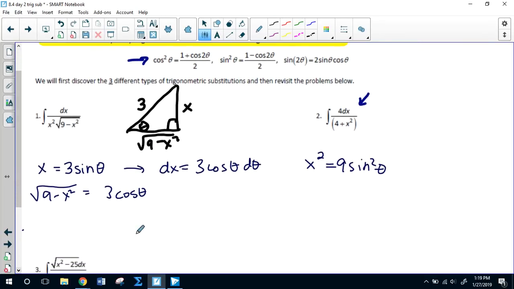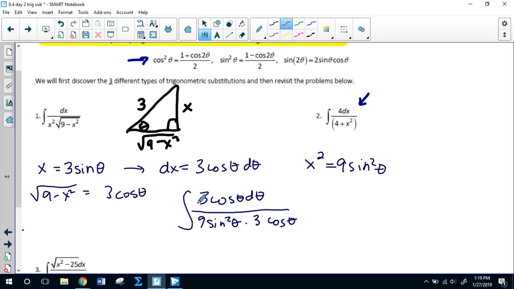Okay, so I'm going to fill that in. dx is then, like we said, 3 cosine theta d theta. And then the denominator becomes 9 sine squared theta, and then times 3 cosine theta.